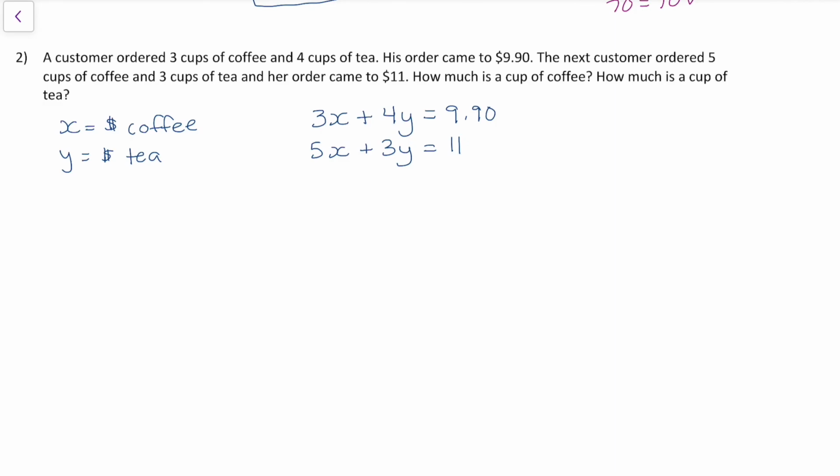So X's and Y's, neither one's particularly easier than the other. But I'm going to do my X's here. I'm going to multiply this first equation by 5 and the second equation by 3 in order to get both of my equations to be 15.